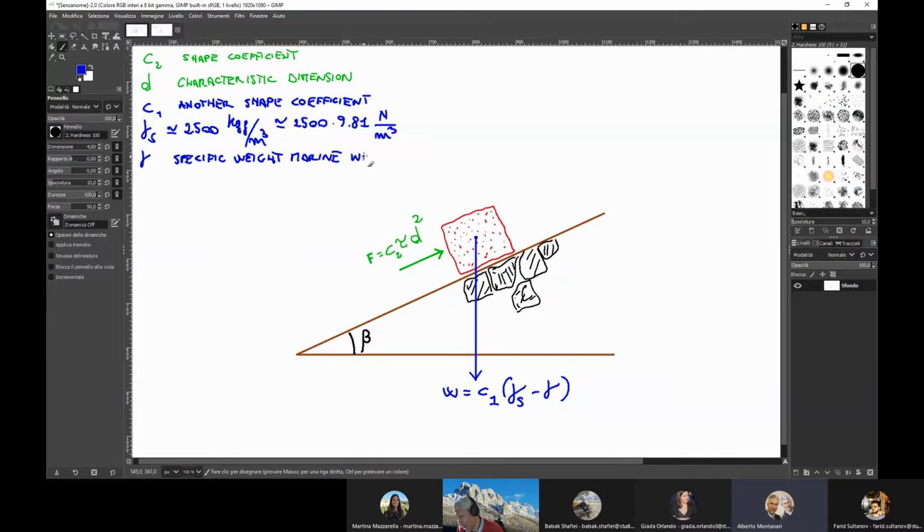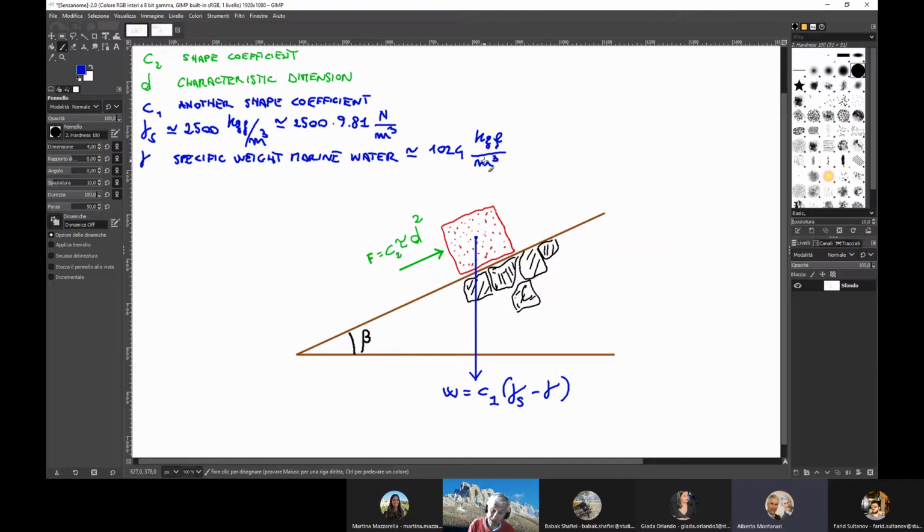It depends on the salinity, but it could be something like 1024 kilogram forces per cubic meter, okay? And so the difference between gamma S minus gamma gives me the immersed weight. And to be conservative, we need to consider the immersed weight.